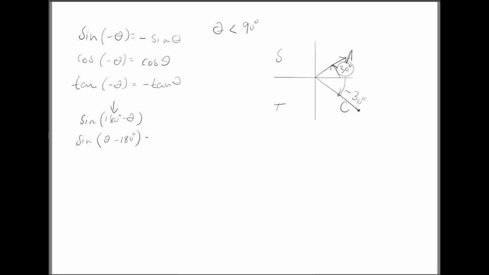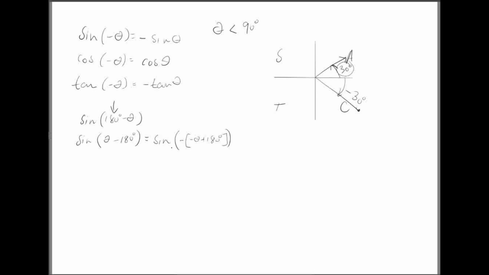So the long method is going to be like this. You are going to say sine, and you are going to take a negative out as a common factor. When you take out a common factor, what do you actually do? You divide everything by your factor. So if I take out a negative, inside now this theta is going to be a negative theta, and that minus 180 is now going to become a plus 180.